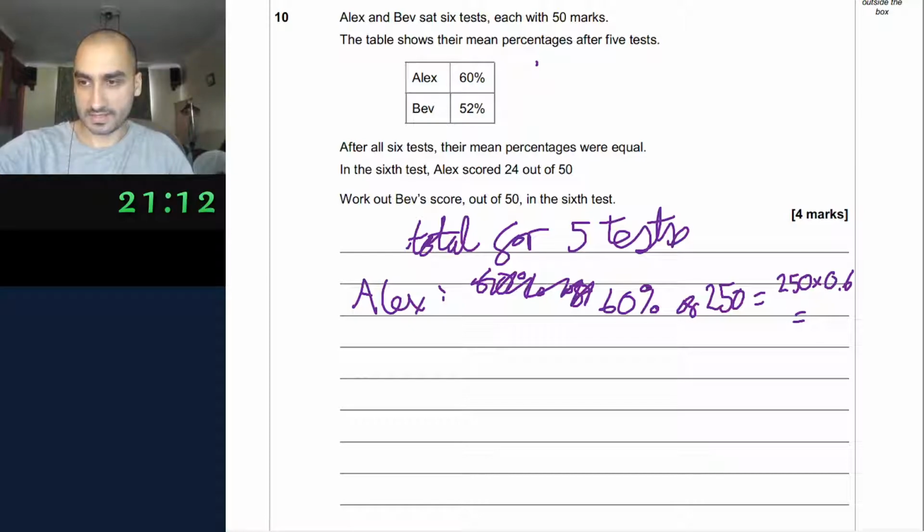Sure, this is easy to calculate by eye, but I can't be bothered. Come on. Stupid calculator. 250 times 0.6. 150. Of course it's 150.